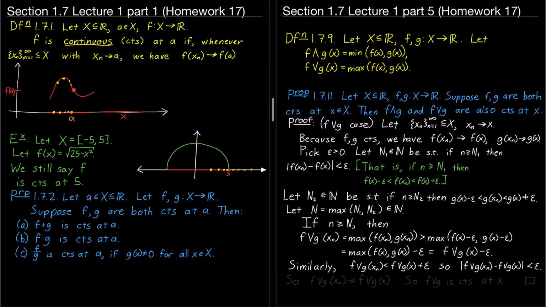So the conclusion is that f v g of x_n is converging to f v g of x. And this is true for any sequence of x_n's that are converging to x. So we get that f v g is continuous at x. And that completes the proof.